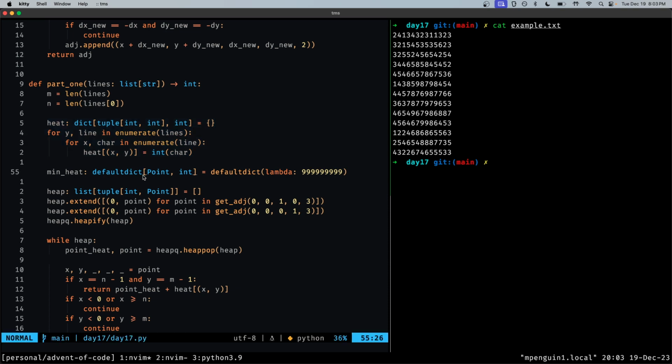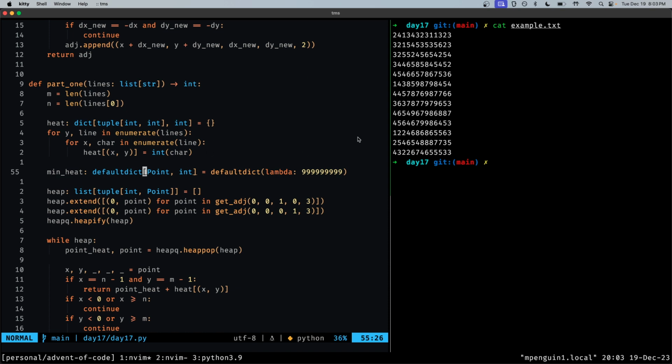Then I create this hash map called min heat, where this will store the minimum heat loss incurred to get to each node.